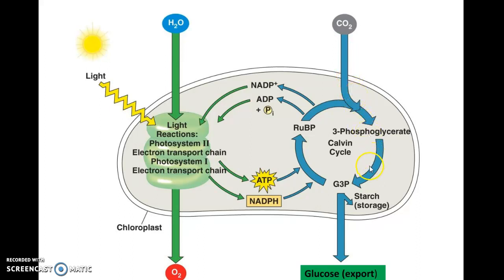It gets changed and added, and that energy is stored in the carbon bonds, and eventually glucose is exported. Some comes out as starch. This again, we've got another cycle that's going around and around, regenerating enzymes. Gotta love it. Hopefully this diagram will help you with your studying.